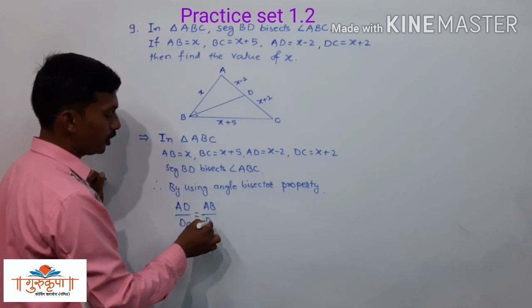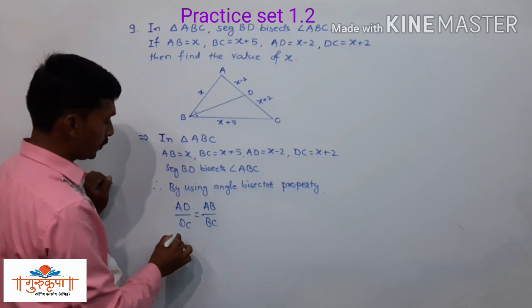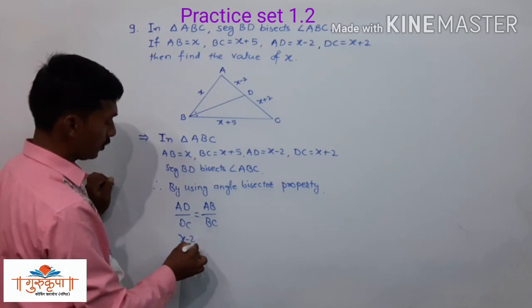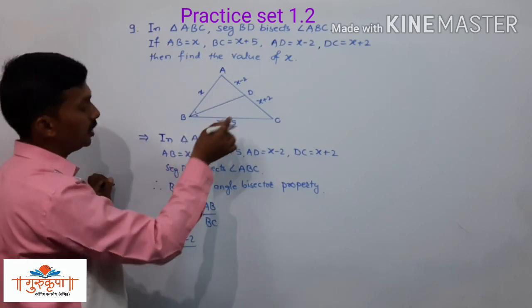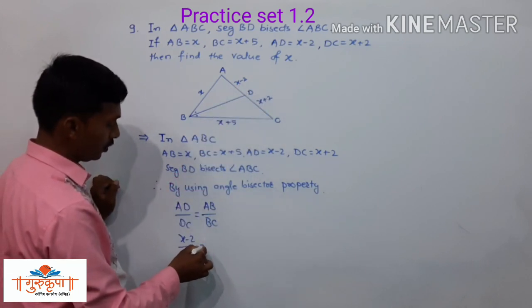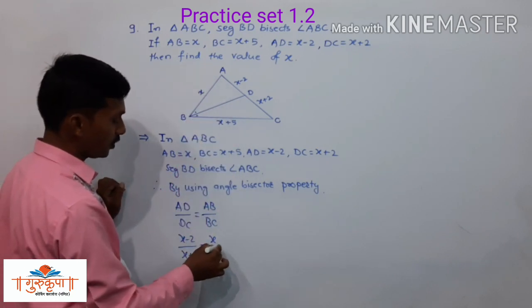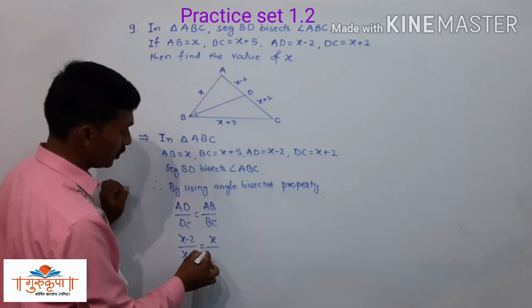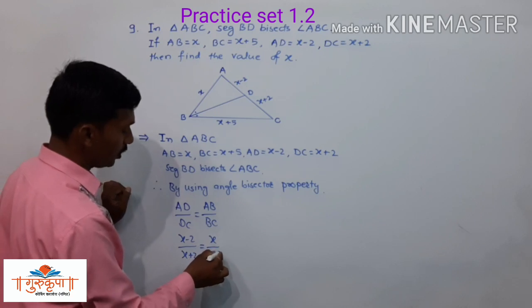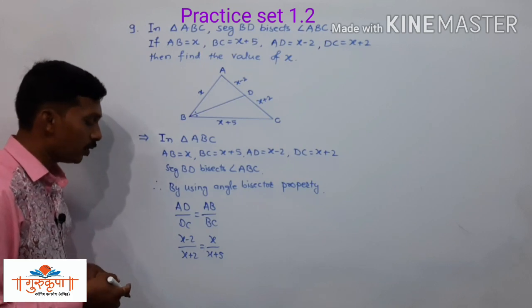Now put the values there. AD is given x minus 2 upon DC is given x plus 2. It is equal to AB is given x upon BC is given x plus 5. Now here we have to take the cross multiplications to get the value of x.